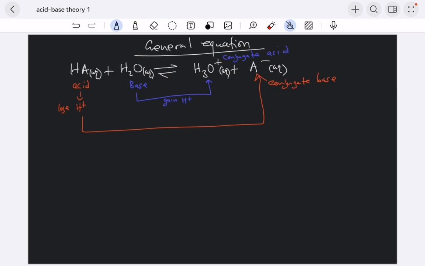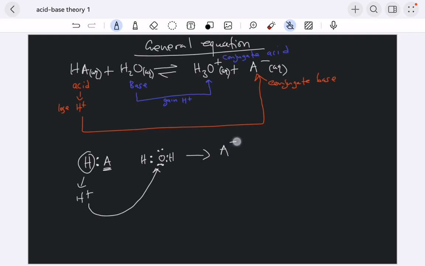To look at it from a more visible perspective, water has those lone pairs. So we are saying this from an acid will be lost as H positive, which is going to be attracted to this.